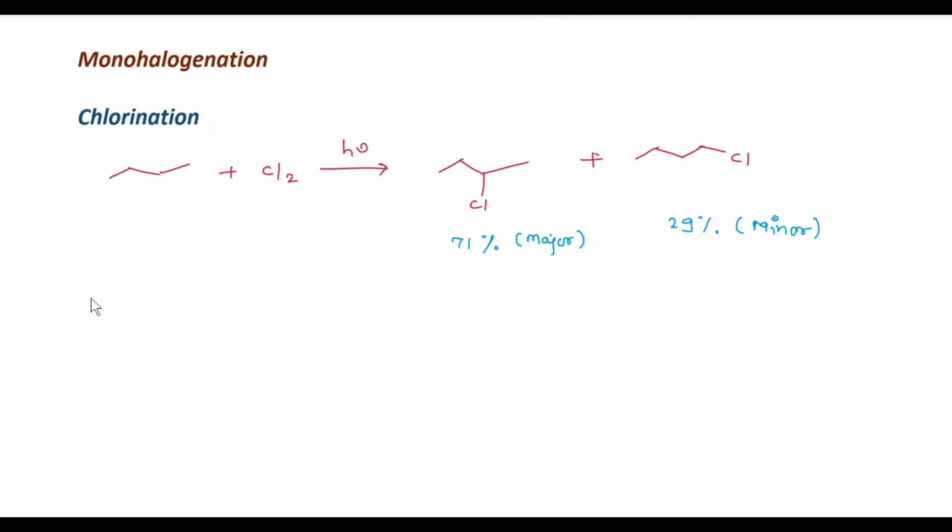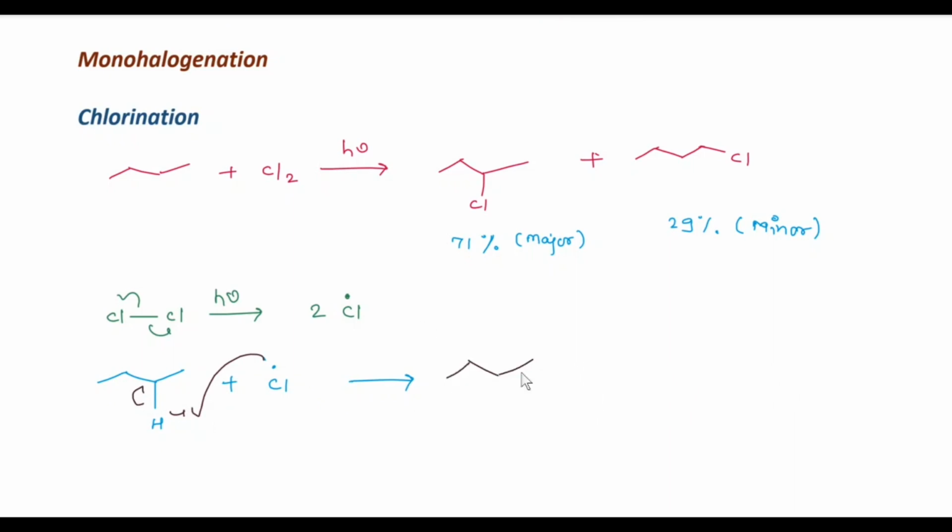In the first step, the initiation step, chlorine is irradiated with light and we get 2 chlorine radicals. This chlorine radical reacts with butane in the propagation step, and we get a butane radical.